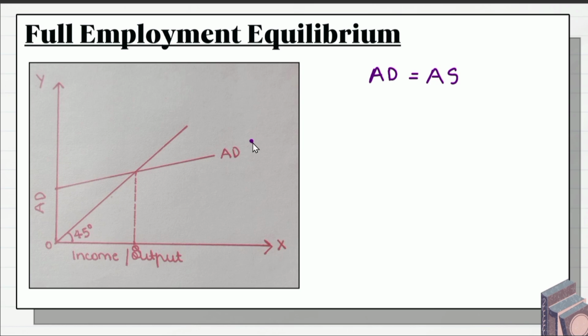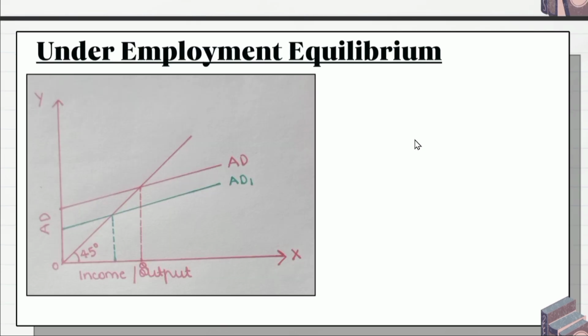Aggregate demand is C plus I, so the component of aggregate demand is C plus I in two sector economy, and this is AS, which is the 45-degree line. So E is the full employment equilibrium because AD is equal to AS at OQ level of output. All those who are willing to work at the prevailing wage rate, they are able to find employment, and there is no involuntary unemployment in the economy.